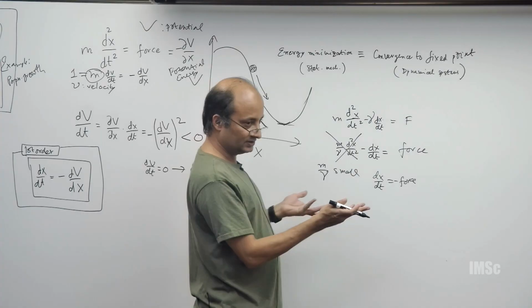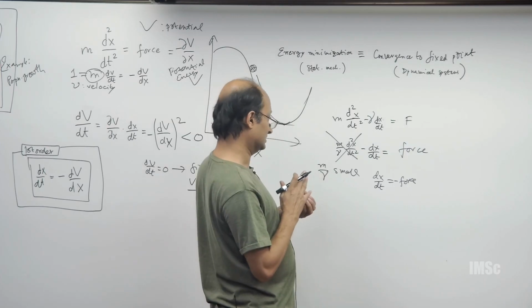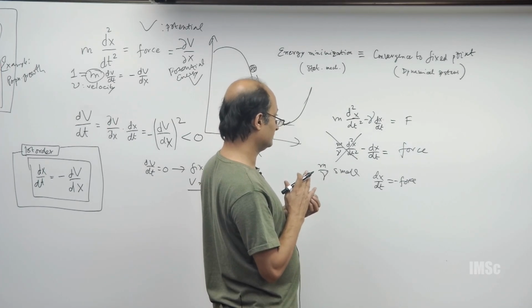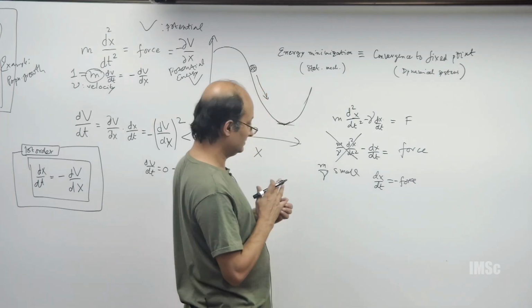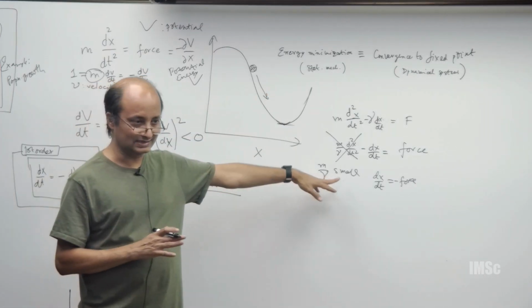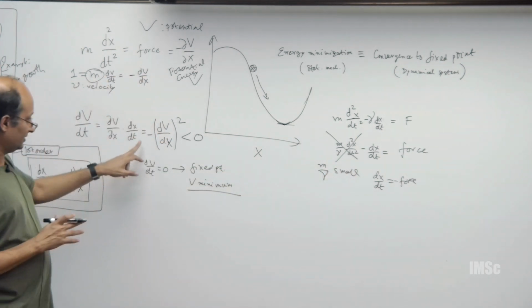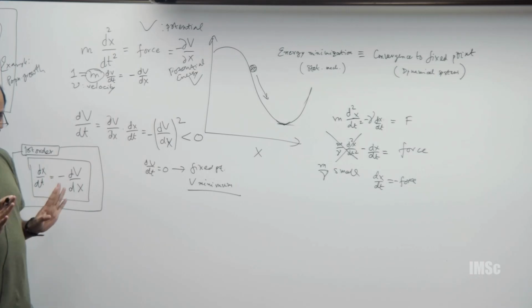You take a body and make a free body. Okay, so you're saying that this is the frictional force, and so therefore I do this. Right. But anyway, this will give me dx dt equal to minus del v del x, and so therefore I get this quantity, which is what I wanted to show.